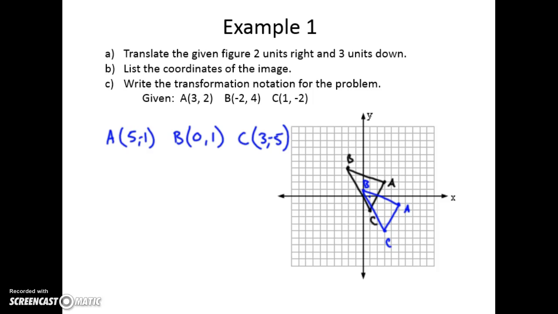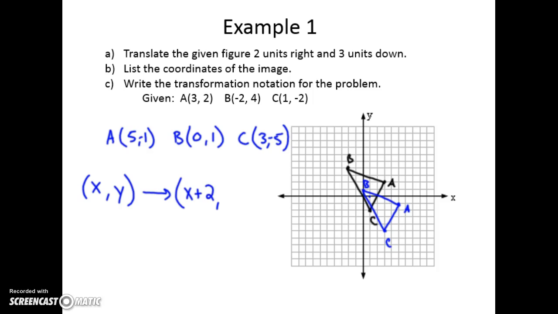In the transformation notation, we're going to write like this. So transformation notation, we start with just x, y. That's my pre-image. So plug in any point there. And then I'm going to translate or change that, and I use an arrow to represent that. And then I'm going to give my rules for transformation. In this case, I move it 2 units right, so that'd be x plus 2.